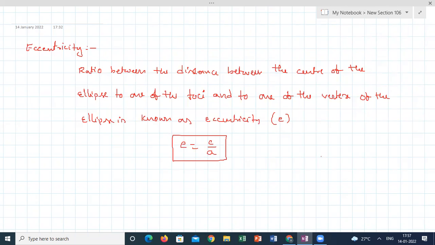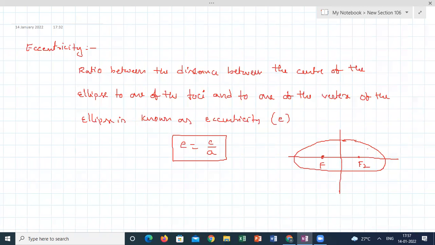From the definition, how can we say this? This is an ellipse. These are the major axis, minor axis, F1, F2.